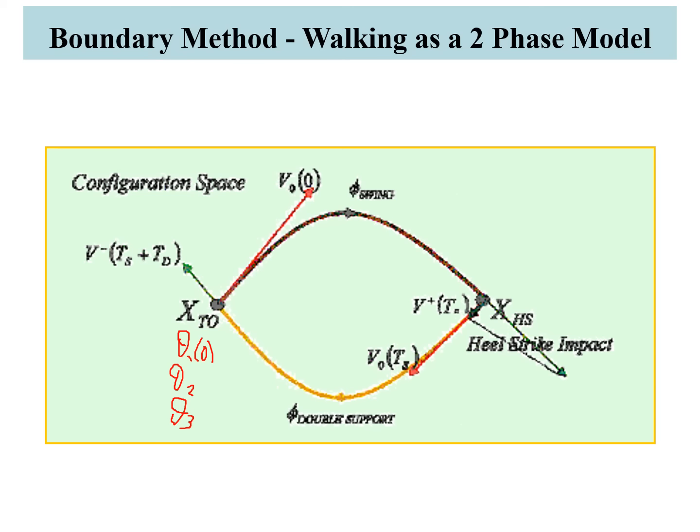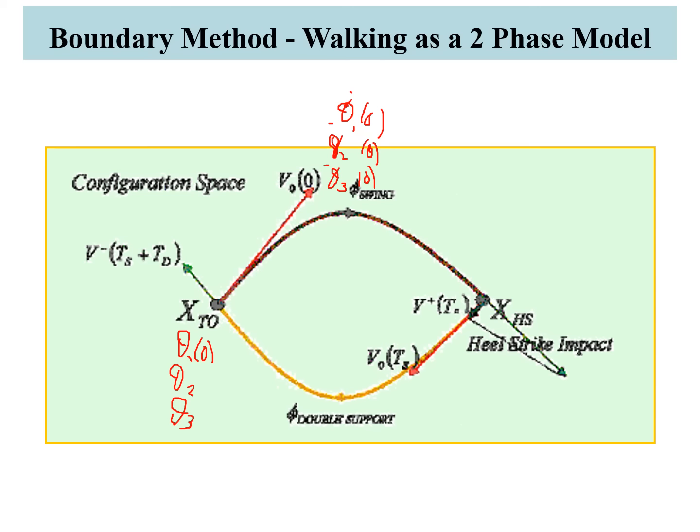So this is theta 1 dot, theta 2 dot, and theta 3 dot. And then you put it 0, 0, and 0. So initial configuration, initial velocity, right?